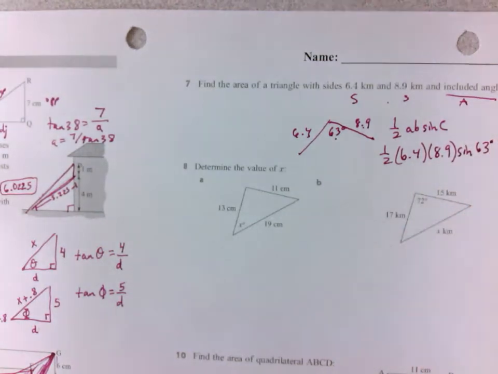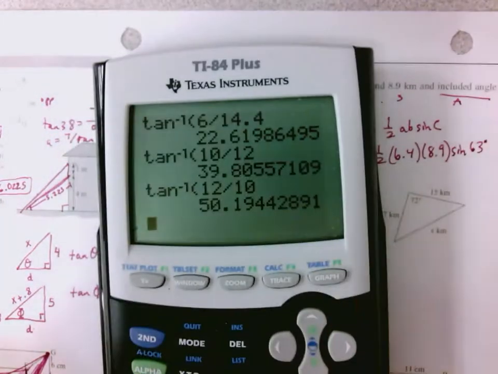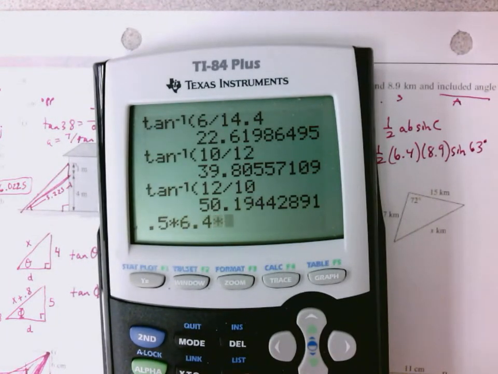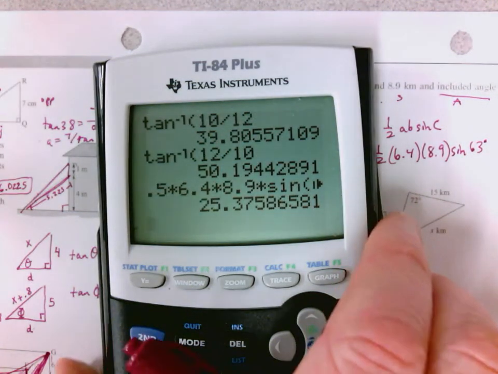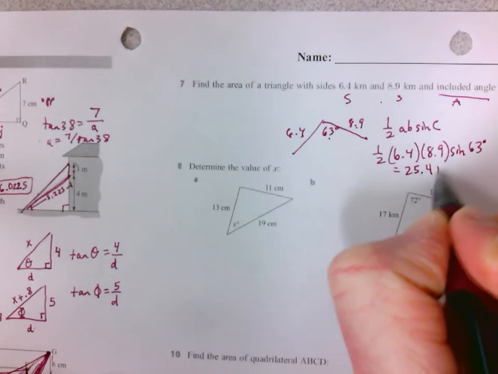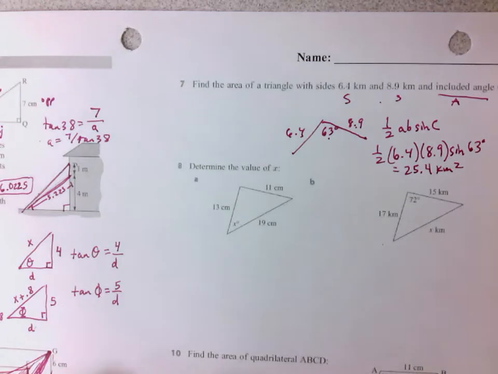As long as you have side angle side, you can use that formula. 1/2 times 6.4 times 8.9 times sine 63 is 25.4 kilometers squared because it's area.